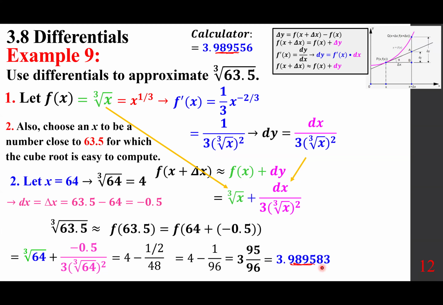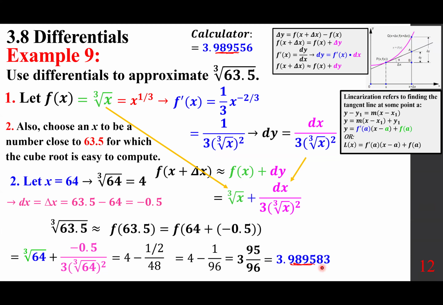Extremely close. We may use linearization, that means tangent line. So if you want to use linearization and find L of x, the question is, what is the function? Cube root of x. At what point? x equals 64.